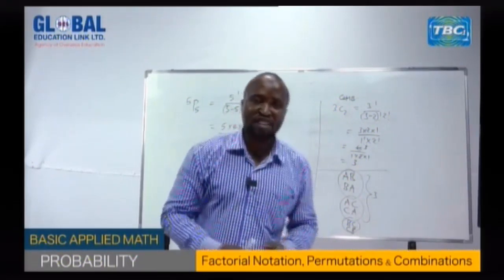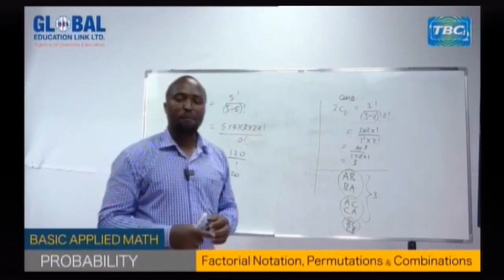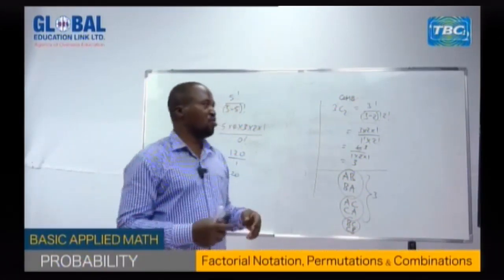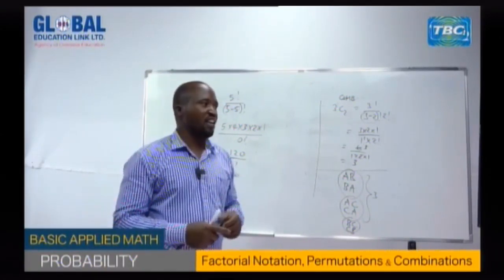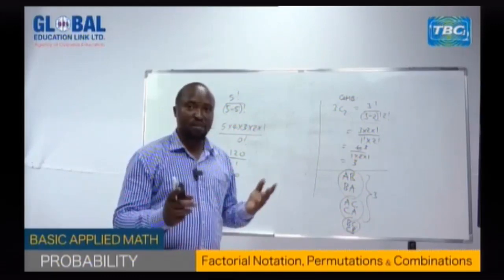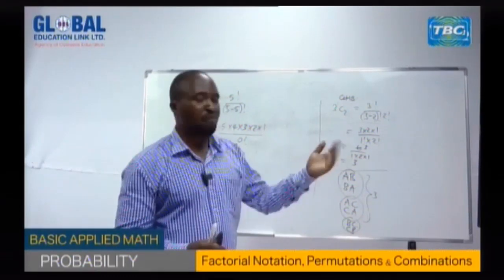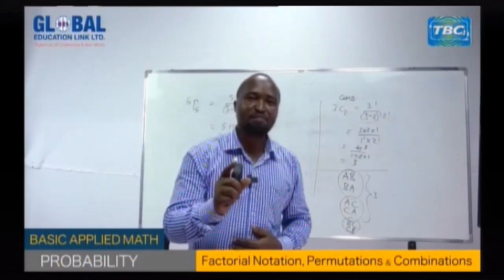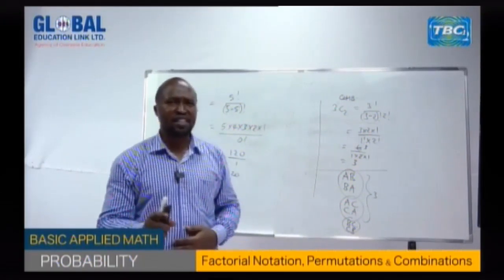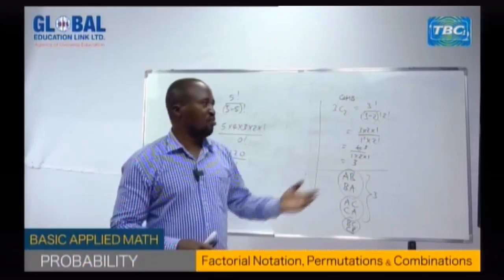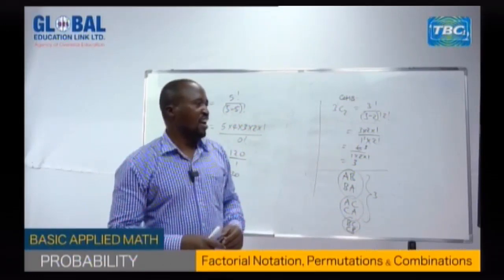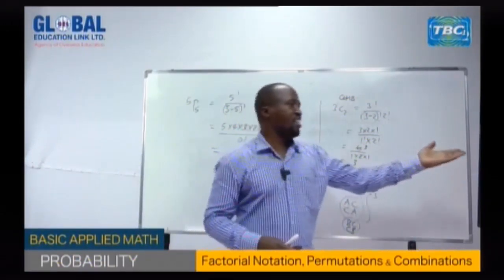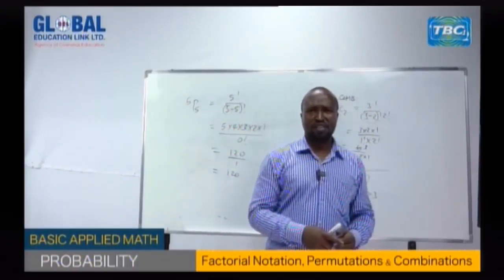Now again, remember we've defined permutation and combination. You know the definition and you know how they differ. Remember, I remind you, in permutation the order is very important, but for combination the order is not important. Now look at our question. Try to think whether the order is important or not important.